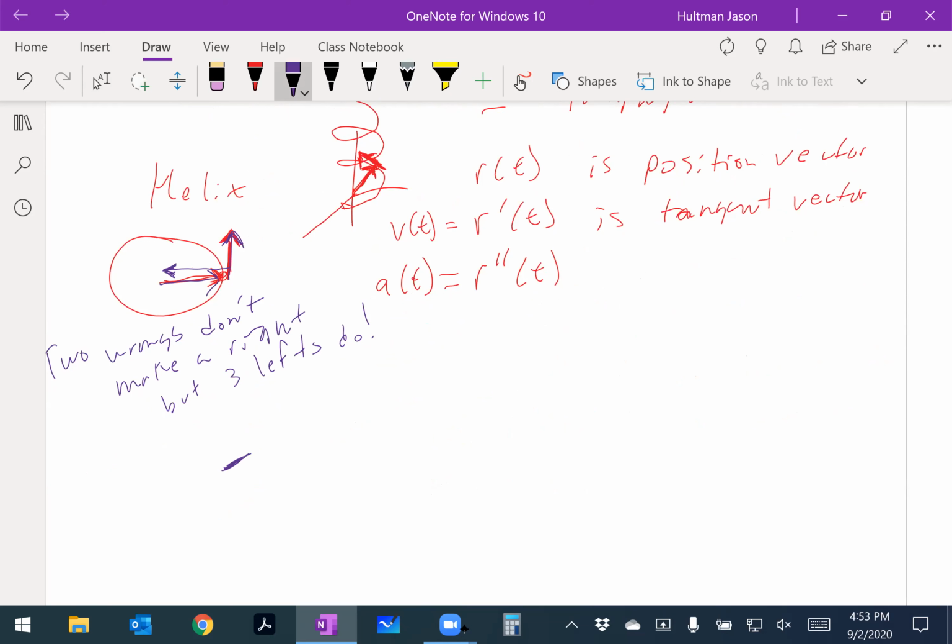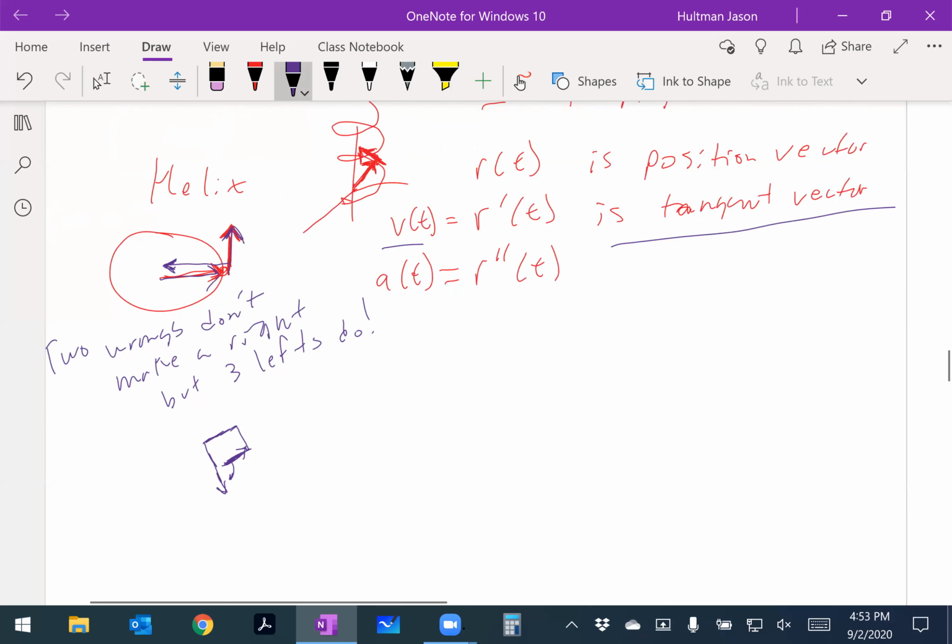Start here, you go left, then left again. What did you do? You made a right turn. Went the other direction. So two wrongs don't make a right, but three lefts do. Anyway, I digress, but this is the v of t, or the tangent vector.